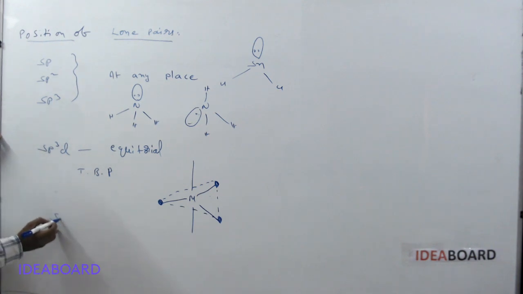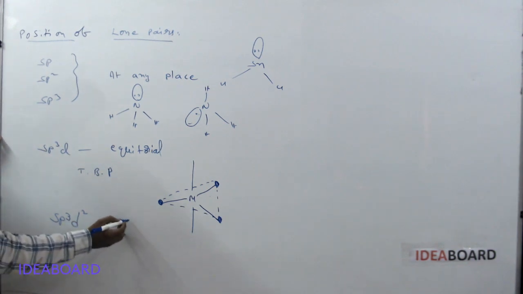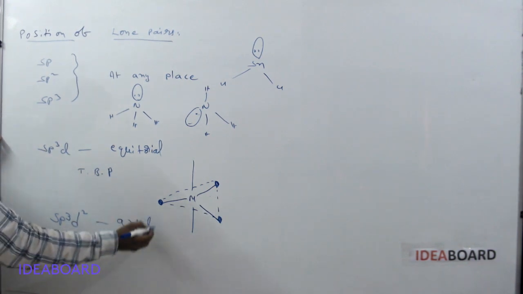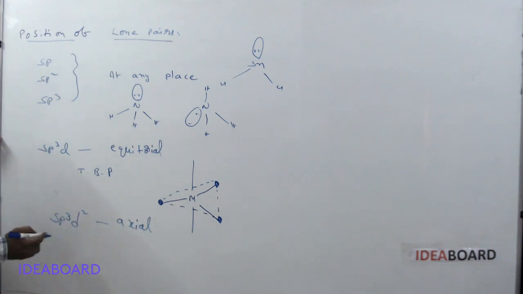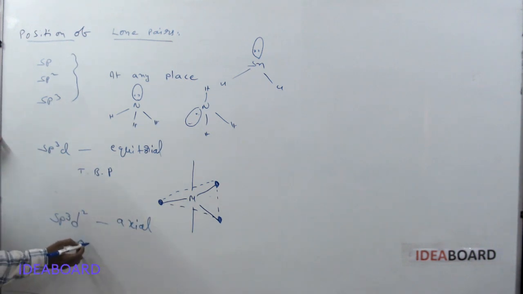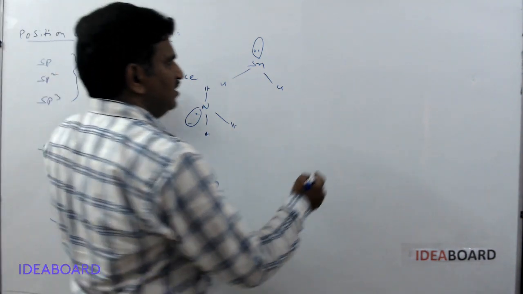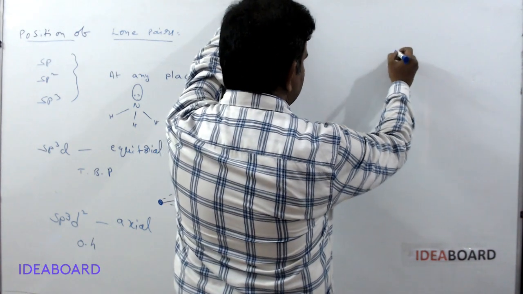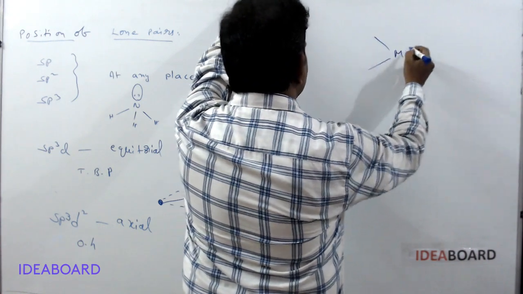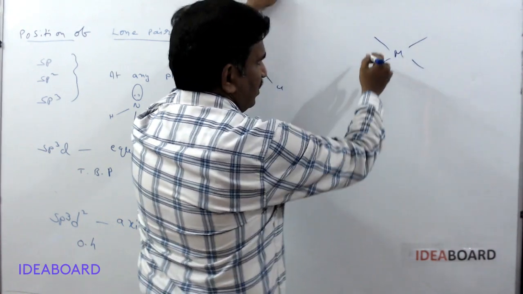And if there is any sp3d2 hybridization, then always write the lone pairs in axial positions. sp3d2 means what is the shape? It is octahedral. Octahedral shape I am writing here. Here octahedral means this is the central atom. For example, four bonds are present in one plane.